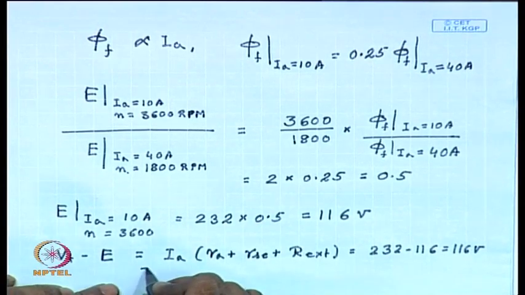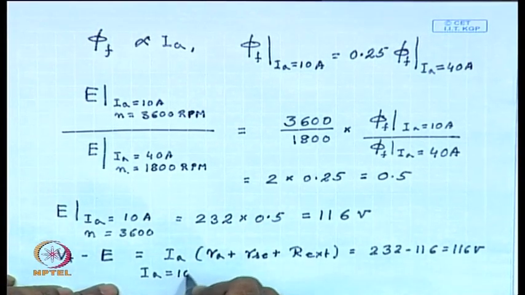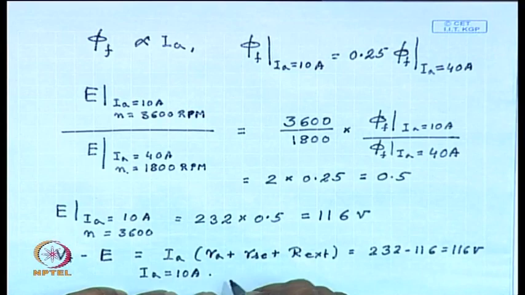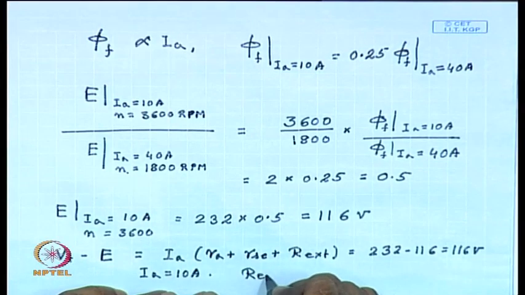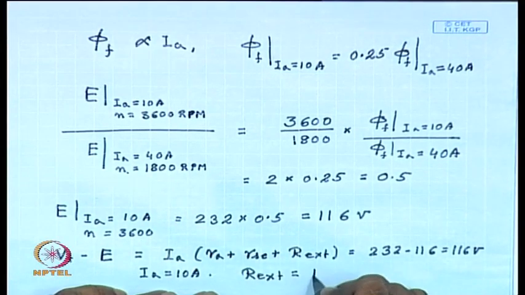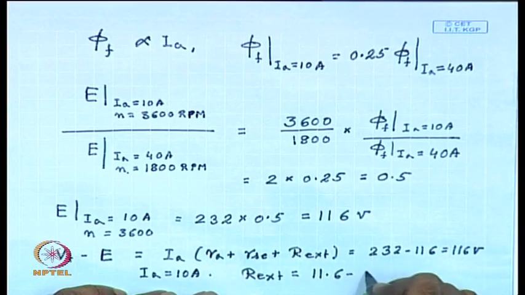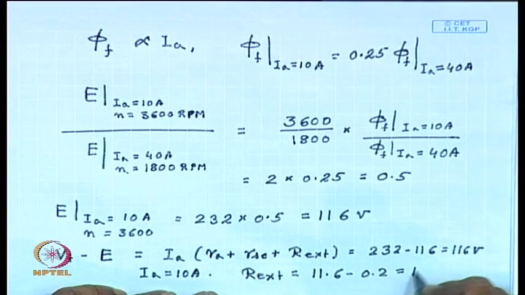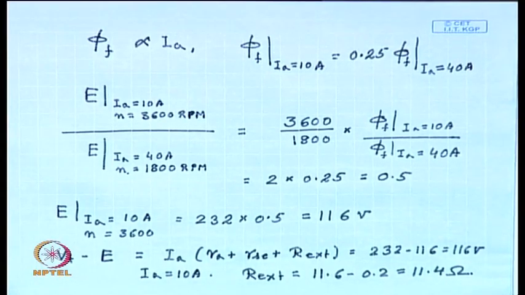I A equal to 10 amperes, from which we get R external equal to 11.6 minus 0.2 equal to 11.4 ohm. So, we will have to connect an external resistance of 11.4 ohm if we want to restrict the speed to 3600 RPM when the armature current is 10 ampere.